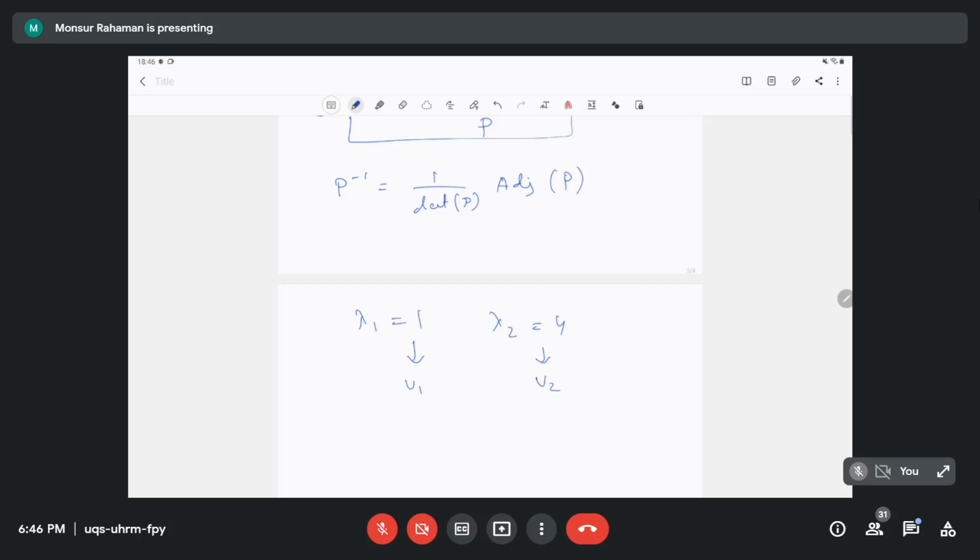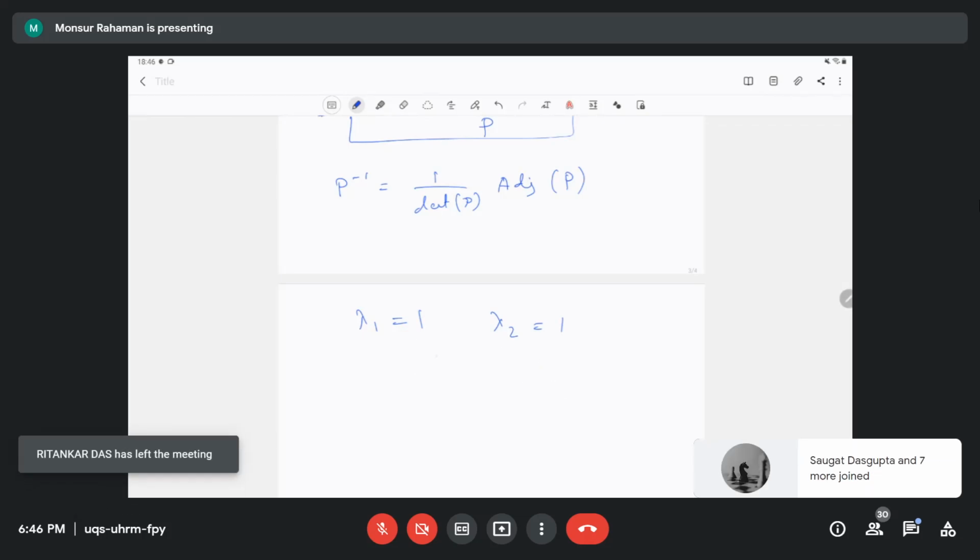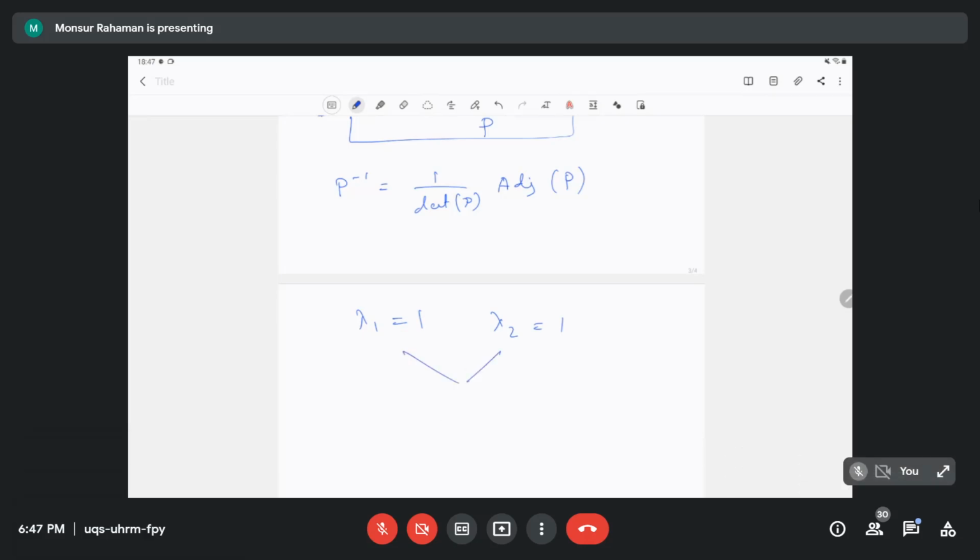So you can say that it will be diagonalizable, because for every different eigenvalue we will have at least one eigenvector. But if it is repeated, it is guaranteed that you will have one eigenvector, but for two you have to calculate. If you don't find two different eigenvectors, then it will not be diagonalizable.